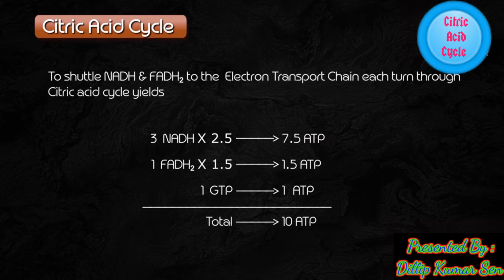So the total number of ATP produced in one citric acid cycle is 10 ATP.